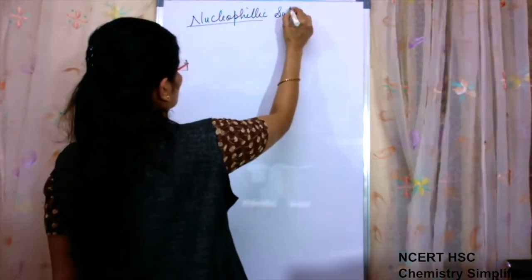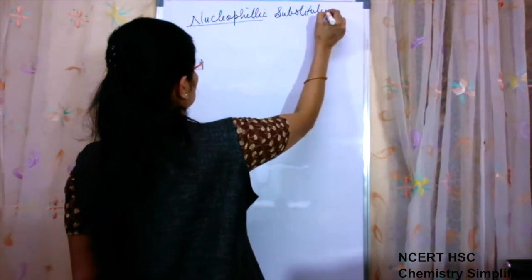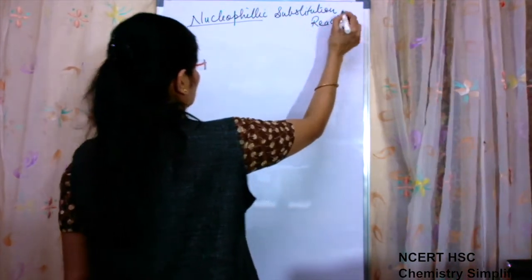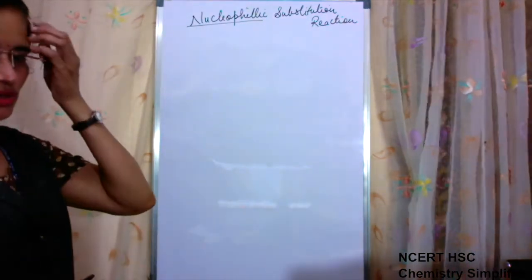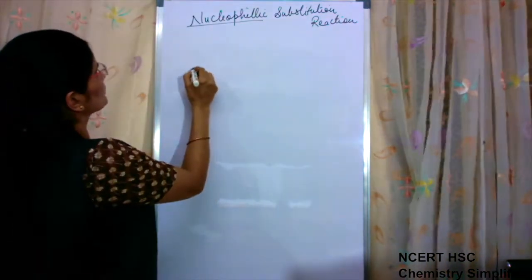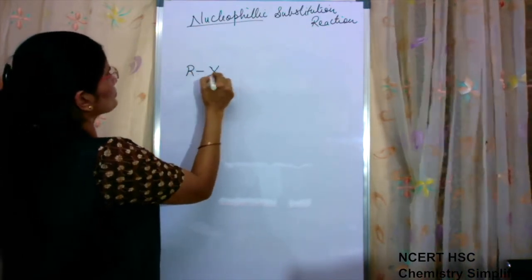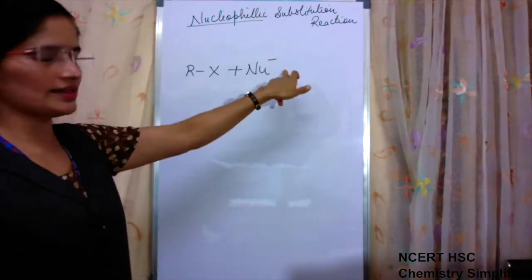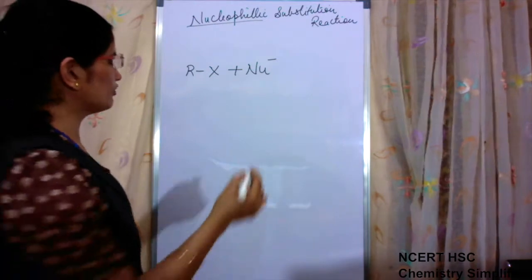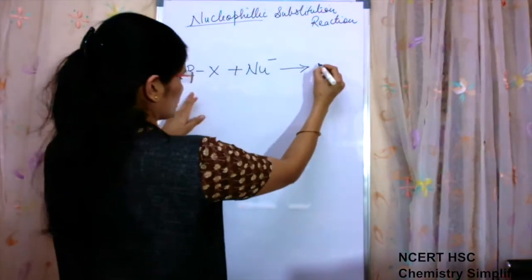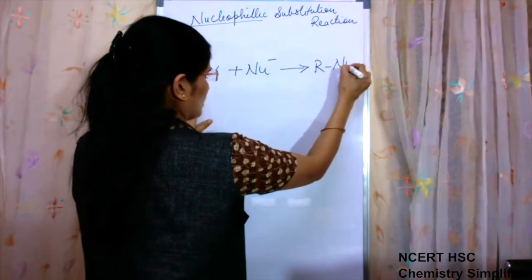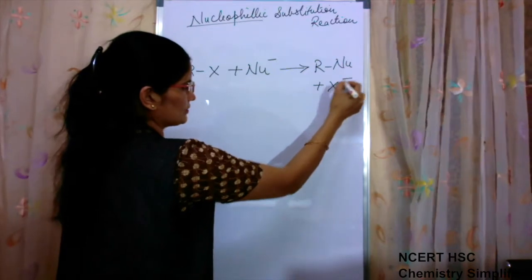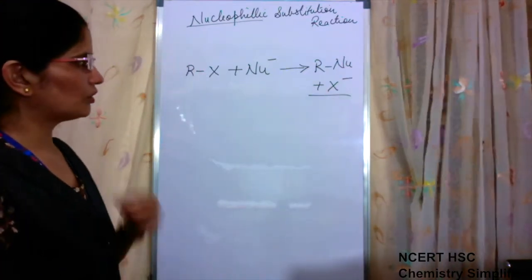Nucleophilic substitution reaction. I told you that a nucleophilic substitution reaction will be of the type where an alkyl halide will be acted upon by some nucleophile, which will have either a negative charge or a lone pair of electrons, and as a product, R and the nucleophile will be attached to the alkyl group and X will be separated or substituted.